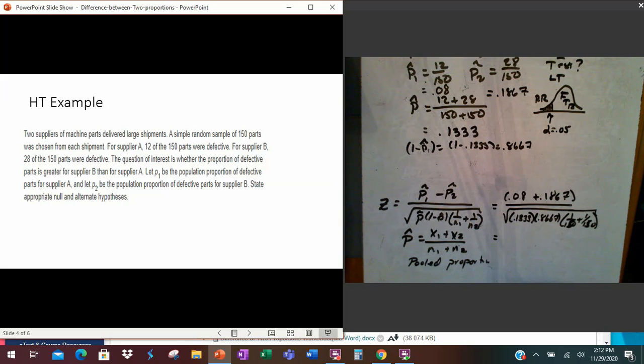Just start over. 0.08 minus 0.1867 divided by the square root of 0.1333 times 0.8667 times 2 divided by 150.